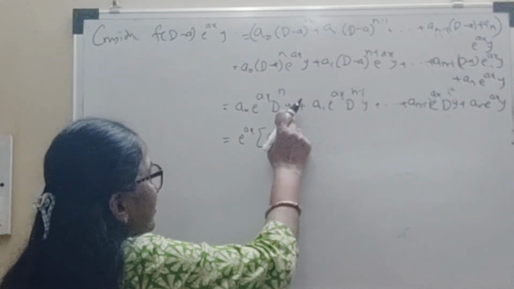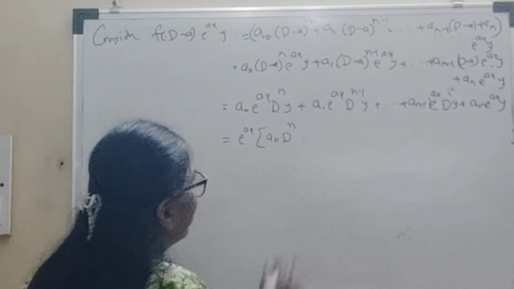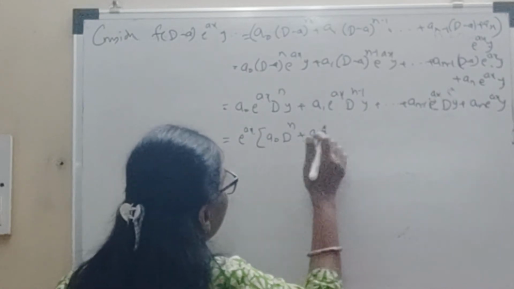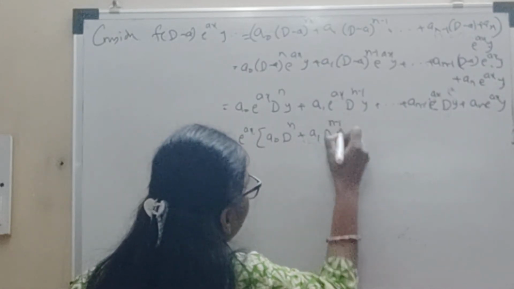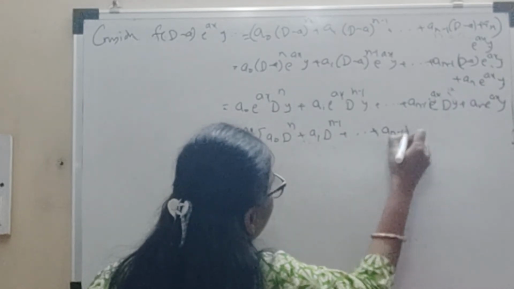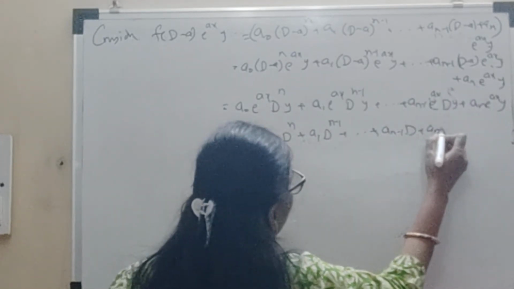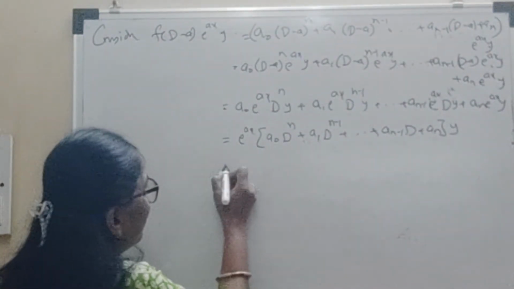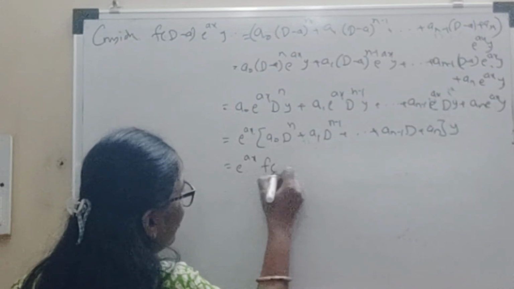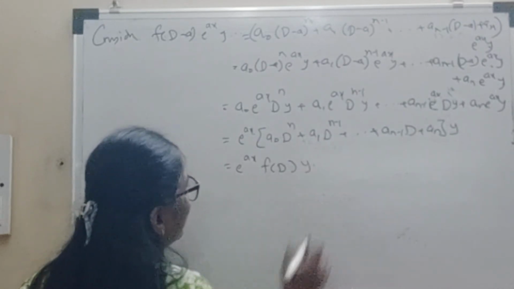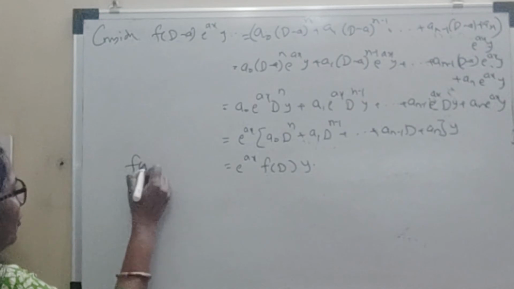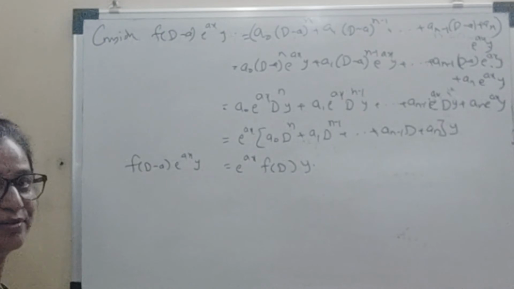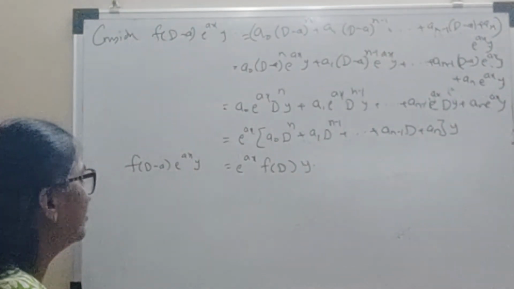So we write this y as a common post-factor: a0D^n + a1D^(n−1) + ... + a(n−1)D + an, and this whole term operates on y. It is nothing but f(D). So it is e^(ax) operating on f(D) operating on y.